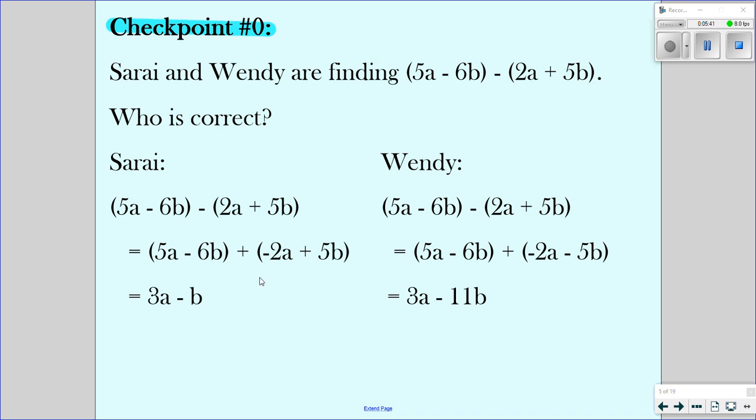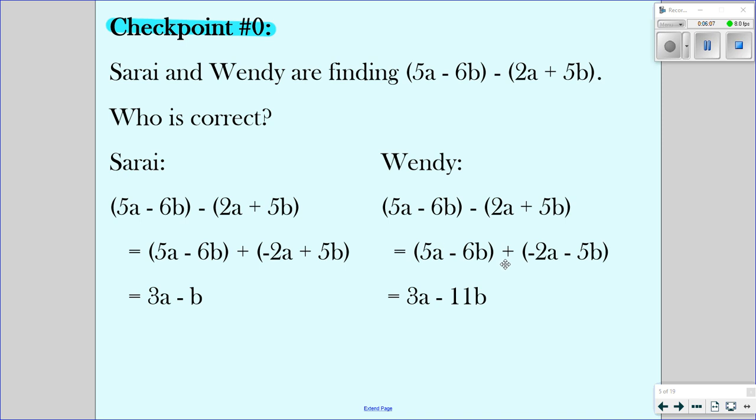Then she combined her like terms and ended up with 3a minus b. The negative 6b plus 5b gives you negative 1b. So she forgot to distribute to the second term, and she ended up with the second part of her answer, the binomial, incorrect.